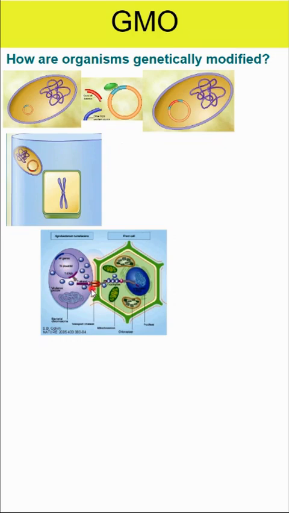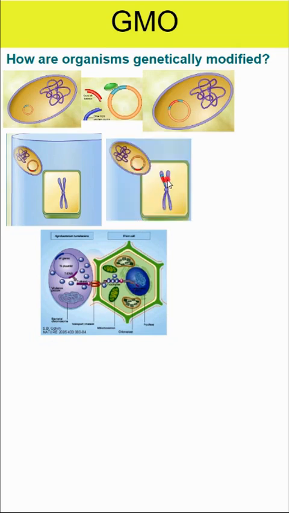And it kind of goes through conjugation, but instead of conjugation with other bacteria, it kind of creates conjugation with plants. And it can take plasmids and inject that plasmid into the plant, which will ultimately become part of the host DNA.